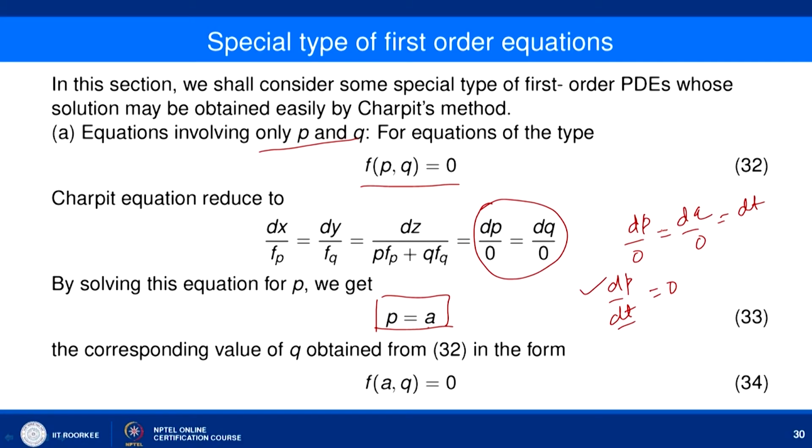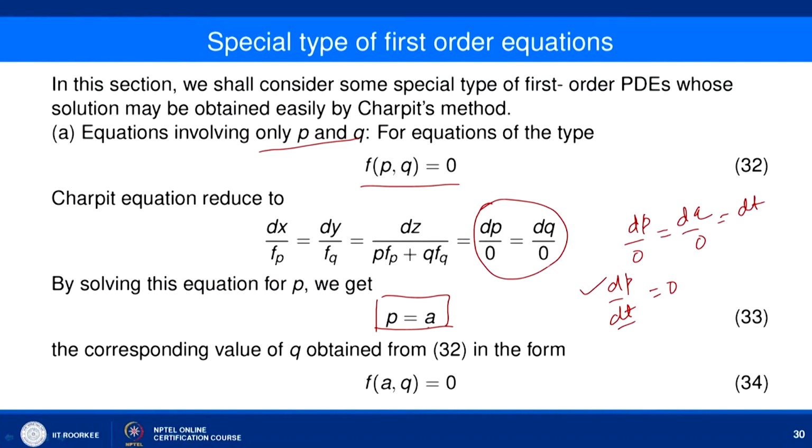You should not consider this as division by 0. It is a ratio of dp with 0. So this can be understood in a way that if you take this common ratio as some dt, where t is some parameter, then dp by dt is equal to 0, and we can say that p is constant with respect to any parameter. So we can say that p is equal to constant.